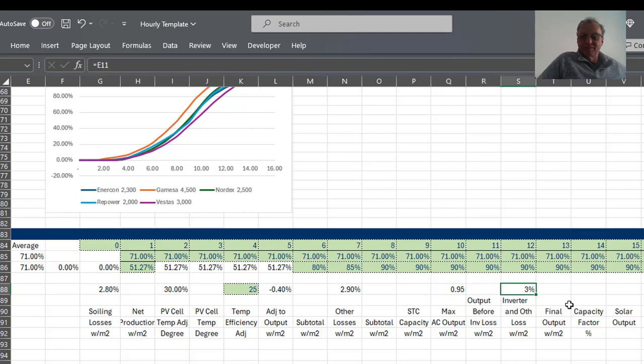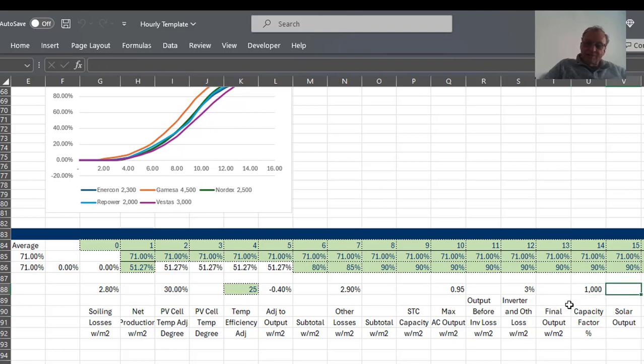I can even put our 1000 in here because remember, the capacity of a solar project is arbitrarily defined as 1000 watts per meter squared at 25 degrees. That's our capacity, 1000 watts, and that happens at 25 degrees.